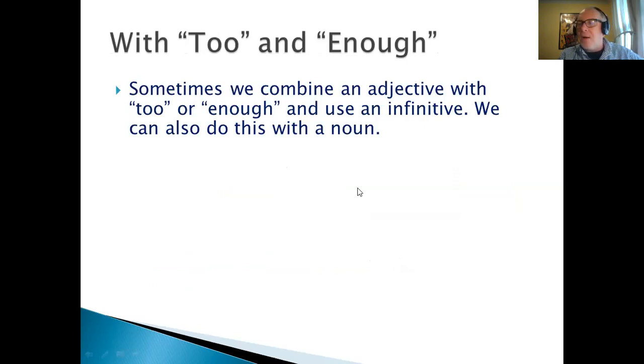Remember the story about the lady who was trying to fix her smoke alarm. She said the ceiling was too high to reach the alarm. Or, for example, I'm too busy to exercise this week. Too busy, infinitive.